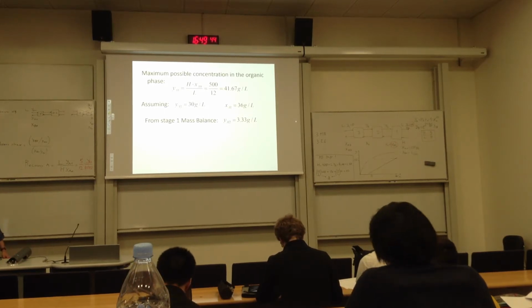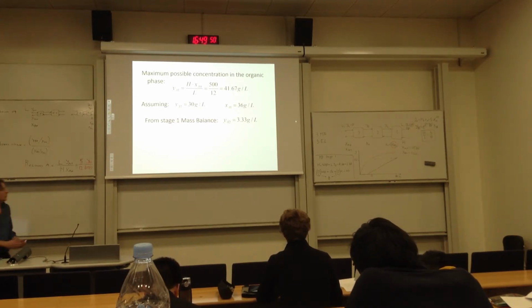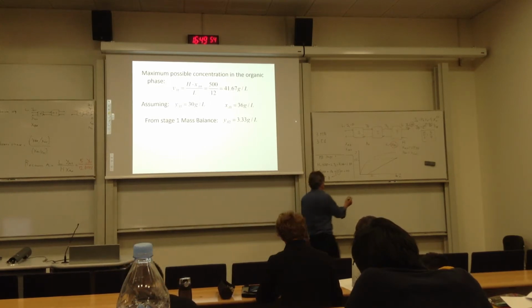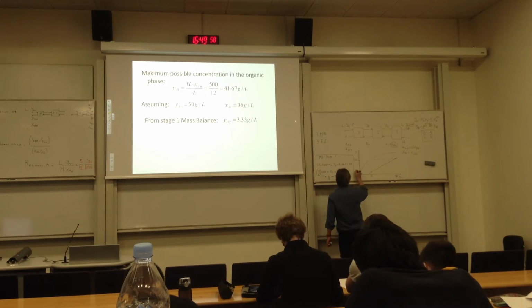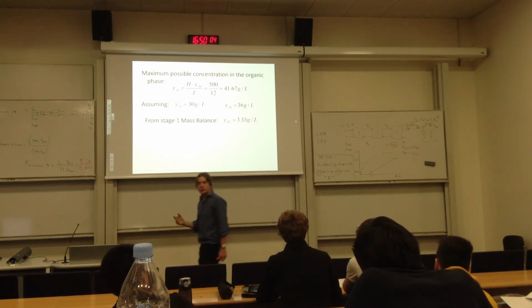Now, what happens next? Well, you would be at this point. So this is 3.33. How do you find the next point then?